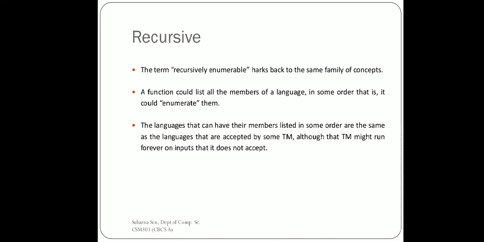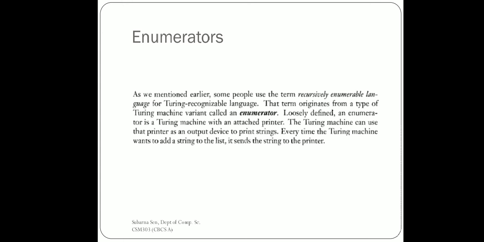The same thing is called repeatedly for the purpose of execution. We will see the same procedure followed whenever we define this recursively enumerable thing. A function could list all the members of a language in some order, that is, it could enumerate them. So what is the meaning of enumeration, and how is it going to enumerate? We will see that in the next slide.